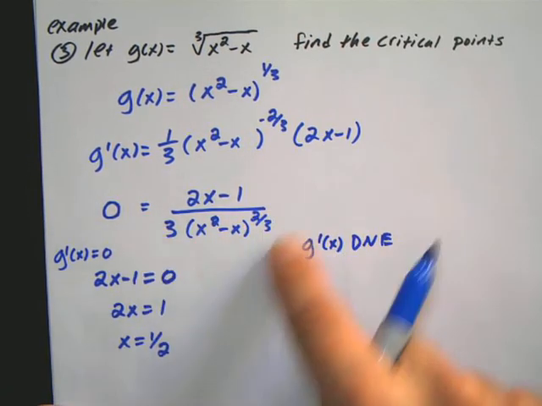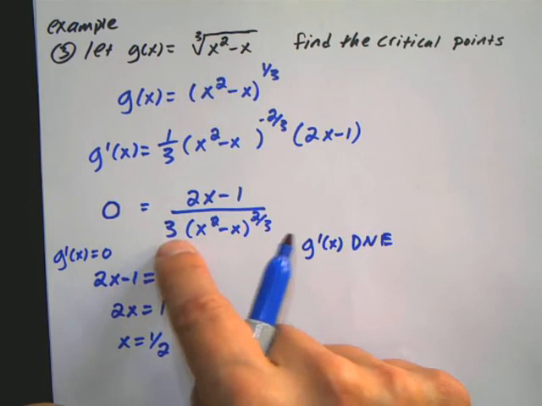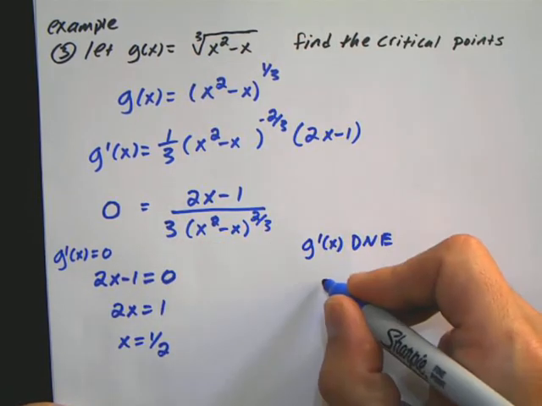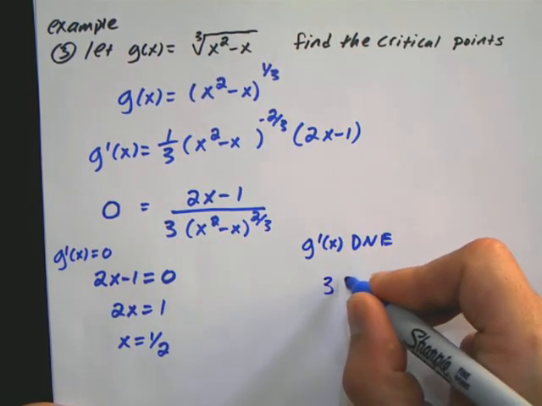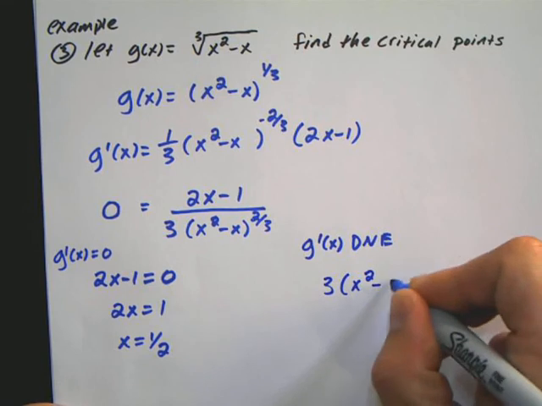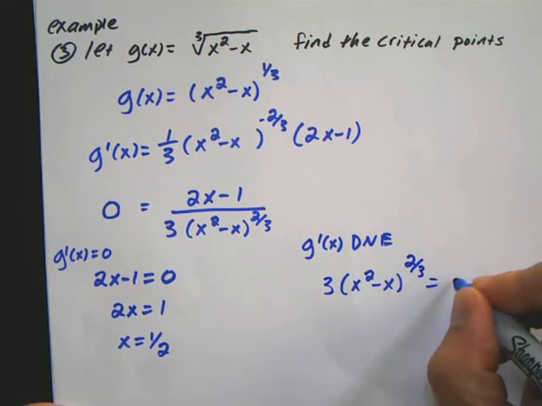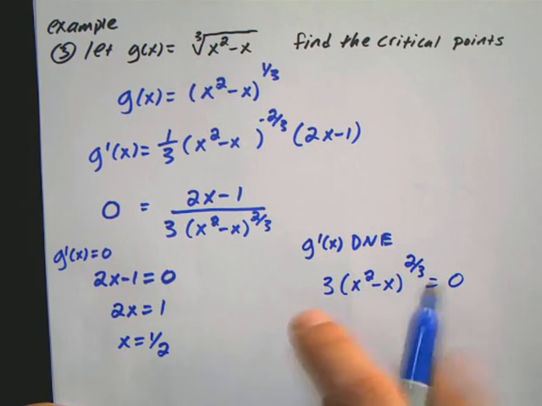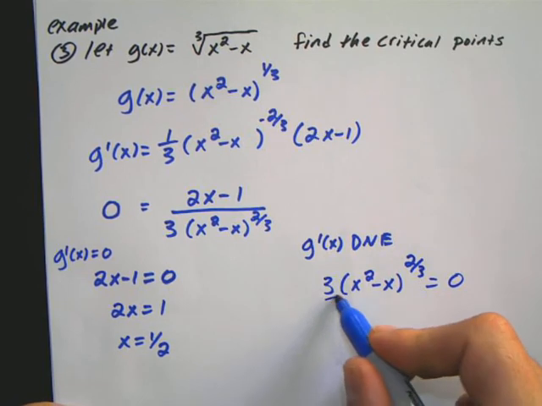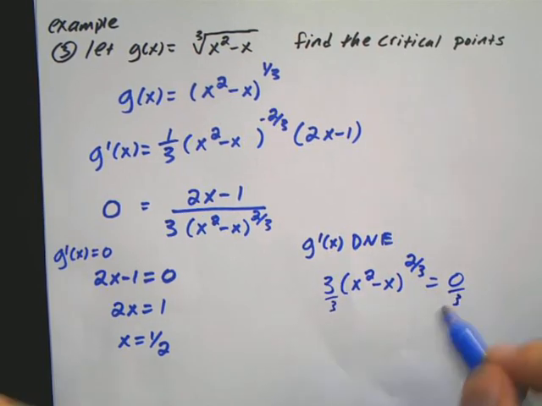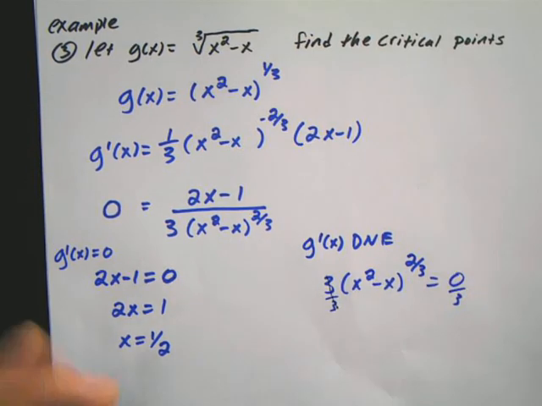So 3 times x squared minus x to the 2 over 3. I can divide the 3 over, so 3 divided by 3 cancels off. It's going to be x squared minus x to the 2 over 3. This remains at 0.